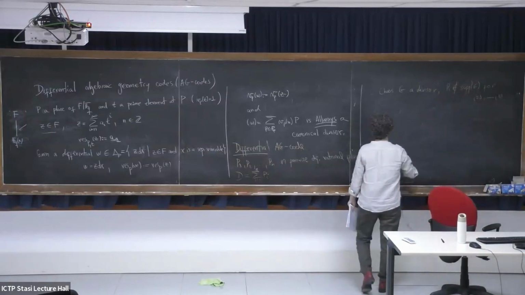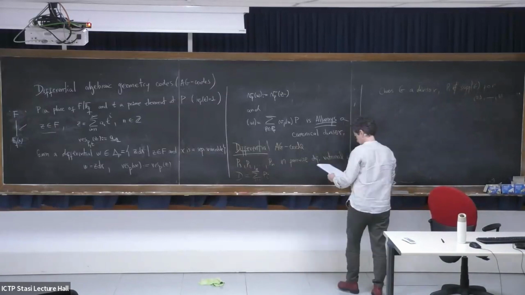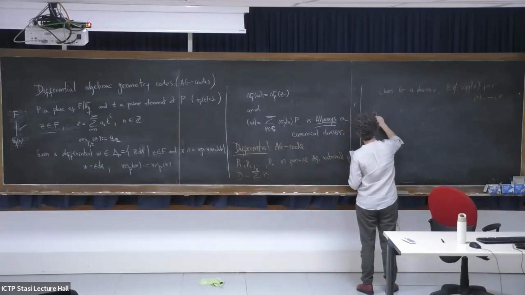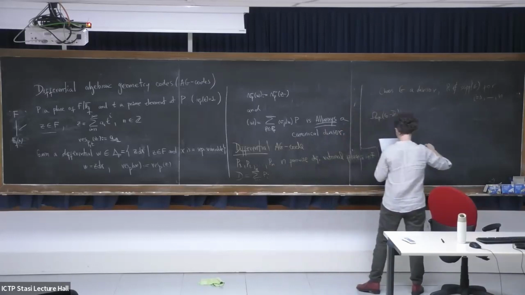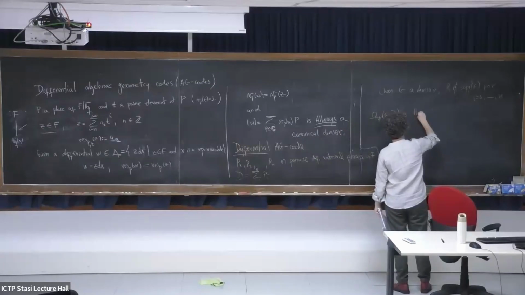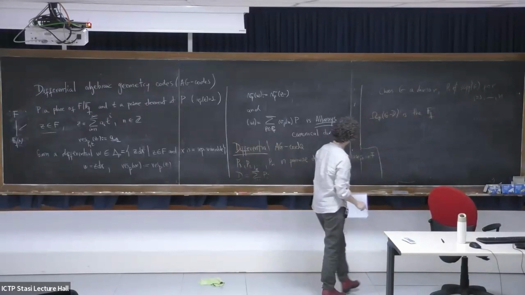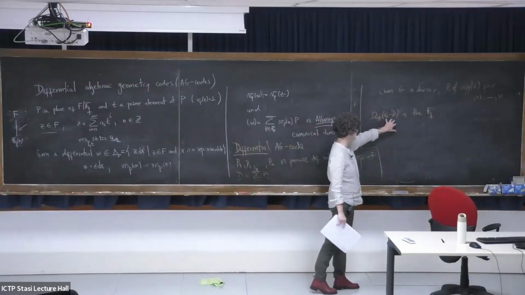So now we are ready to define the code. So the code, okay, let's just do this first. Now we define this space, Omega of G minus D. So this is a space of differentials such that the divisor of the differential is larger than this.